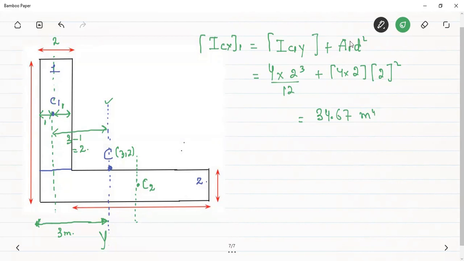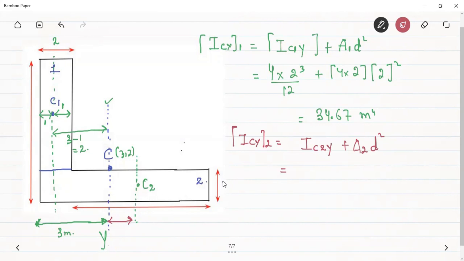Similarly, we can find the moment of inertia of the second rectangle about this axis. The moment of inertia of the second rectangle about the centroidal y-axis is equal to the moment of inertia about its own centroidal y-axis plus the area of the second rectangle multiplied by the square of the distance between these two axes. The moment of inertia of the second rectangle about its own centroidal axis will be equal to db cube by 12.